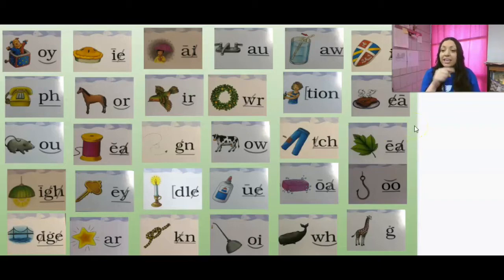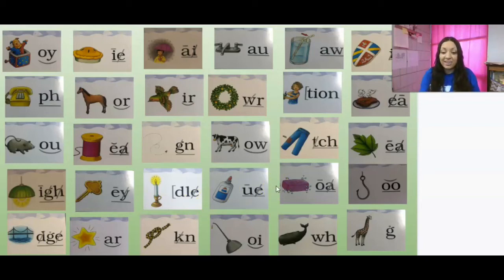Leaf, E, digraph EA. Light, I, trigraph IGH. Key, E, digraph EY. Candle, dull, final syllable DLE.